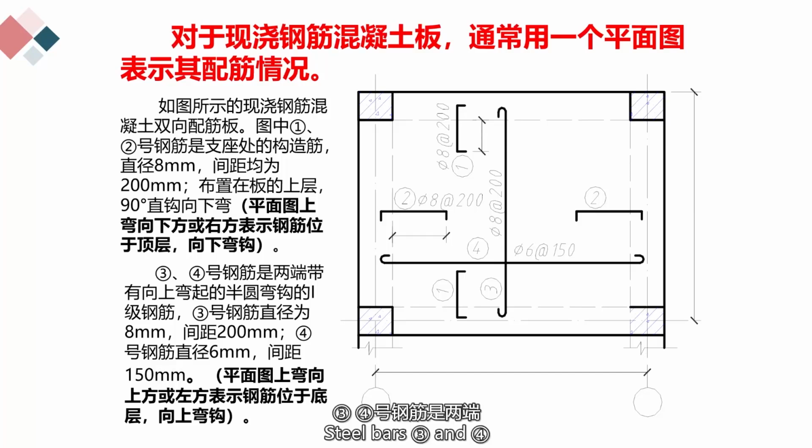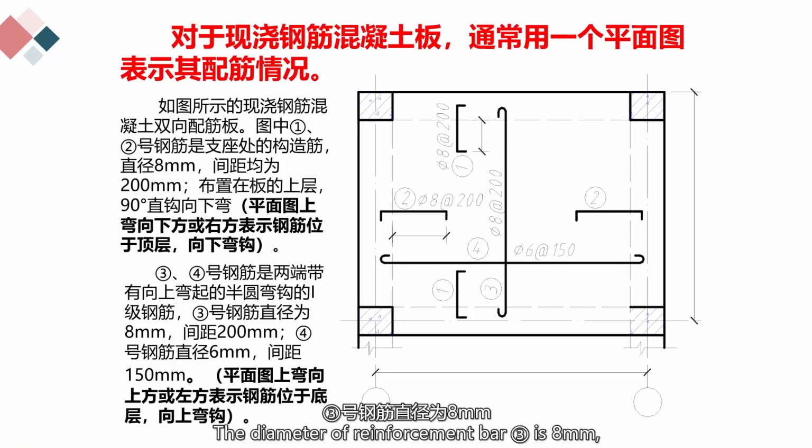Reinforcement bars 3 and 4 are grade I reinforcement bars, with semicircular hooks bent upwards at both ends. The diameter of reinforcement bar 3 is 8 mm, and the spacing is 200 mm. The diameter of reinforcement bar 4 is 6 mm, and the spacing is 150 mm.